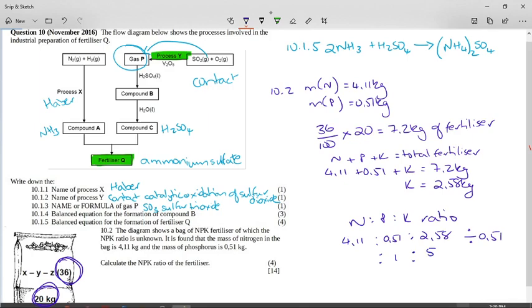If you put 2,58 divided by 0,51 in your calculator, you get 5,05. And if you put this 4,11 divided by 0,51 in your calculator, you get 8,05. And then we usually simplify it to 8 is to 1 is to 5. And this is my NPK ratio. 8 is to 1 is to 5.